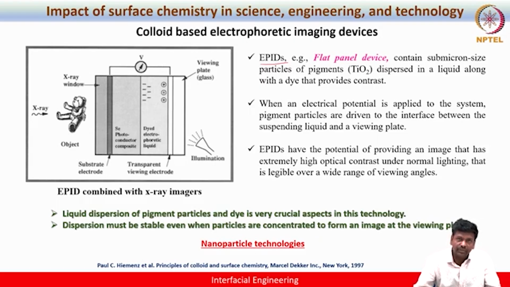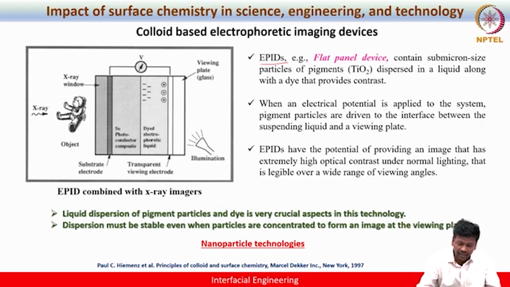So the TiO2 basically helps in providing a good contrast when we view it through the viewing plate, right? And the dye molecule absorbs some light so that it can provide a perfect balance between the light that has more brightness, and it can also tune the contrast of the imaging, right?